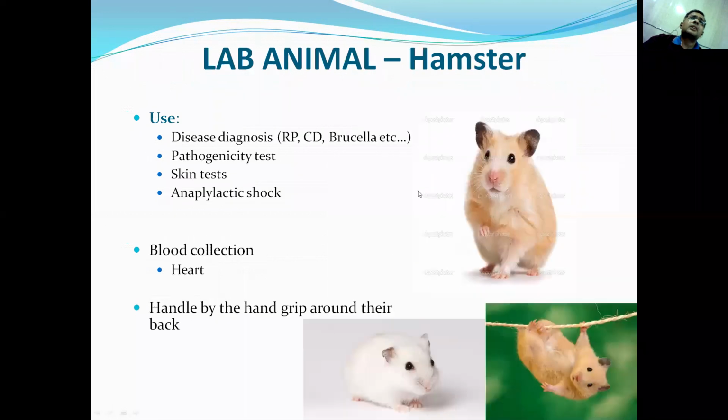Now the third laboratory animal is the hamster. The hamster is a little bit larger than your rat, and it is easy to differentiate from a rat because of its morphology. It looks like a smaller pig, smaller rabbit, and it is very beautiful and shy in nature.